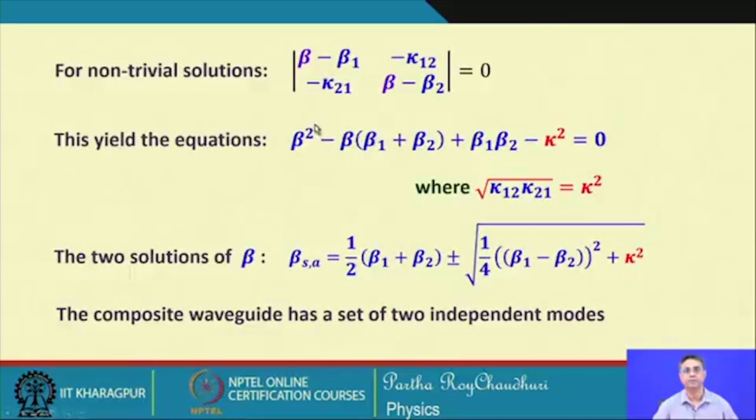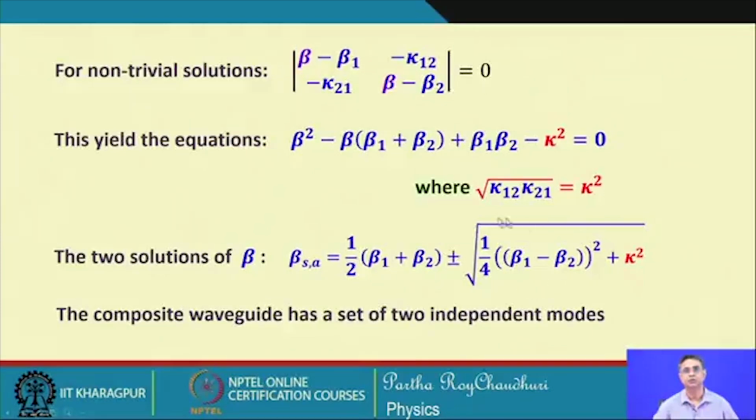So, look at this, beta has come up in the form of a quadratic equation, and this gives you this solution for beta S A, because it gives you two solutions for beta, one is beta S and beta A. These suffixes beta S and beta A are very usual to represent that S means symmetric, A means antisymmetric.